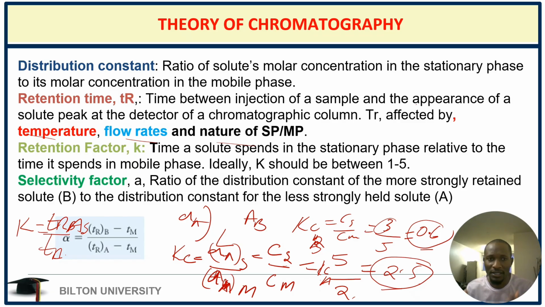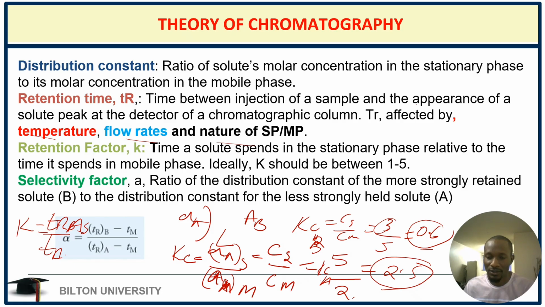So now a retention factor K can tell you about column efficiency, and it can also tell you the nature of the components that you are trying to separate. If the retention time in the stationary phase is higher than in the mobile phase, it tells you that the solute was spending and interacting more with the stationary phase than the mobile phase, and that means that the solute has the same polarity as the stationary phase.